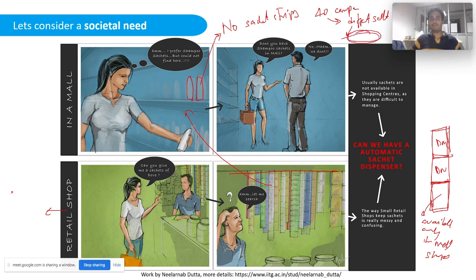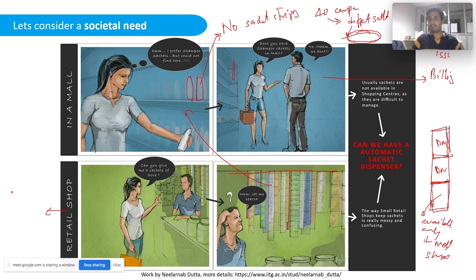It's not easy. You need to have a particular shelf, and billing is also a problem. Billing sachets here is a problem.